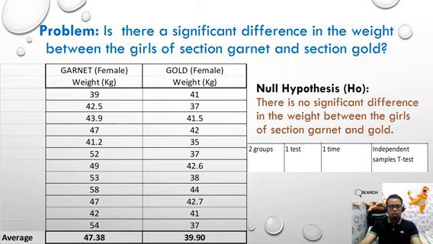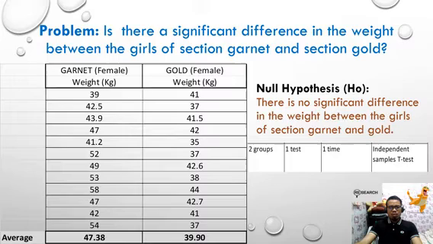So as you could see, there is a big difference if we compare the mean of section garnet, 47.38, and the mean of section gold, 39.90. Now, the problem is, is there a significant difference in the weight between the girls of section garnet and section gold?